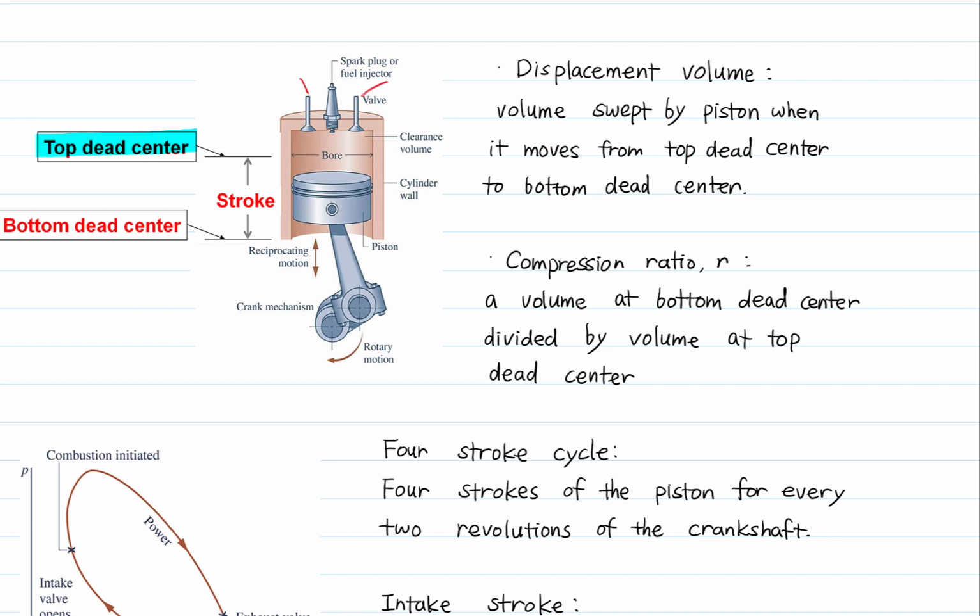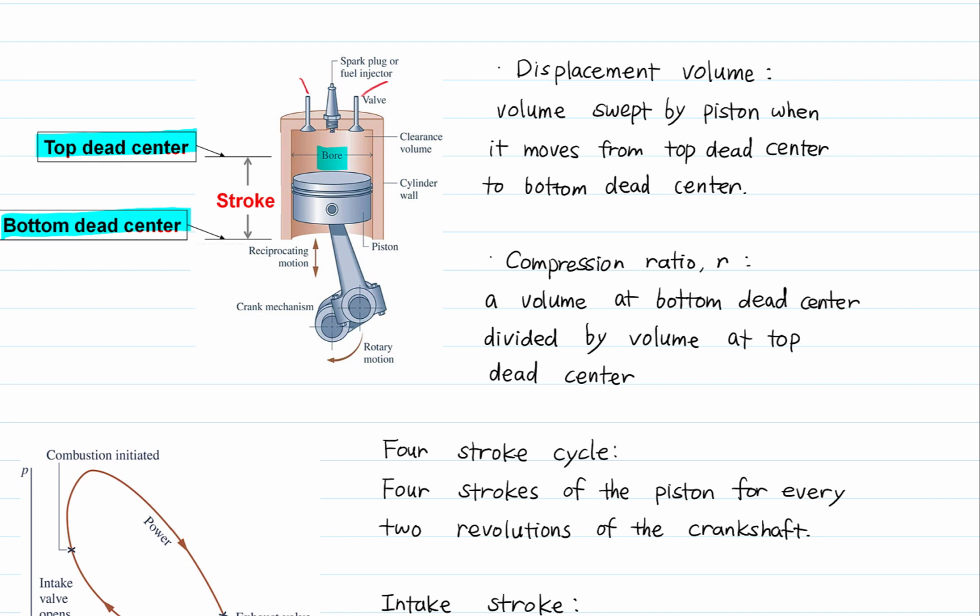TDC, or top dead center, is the position of the piston when it forms the smallest volume in the cylinder. BDC, or bottom dead center, is the position when it forms the largest volume in the cylinder. The diameter of the piston is called the bore.